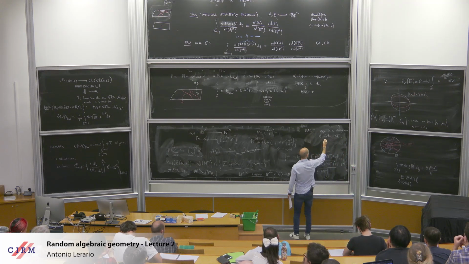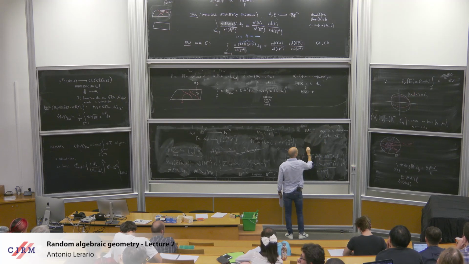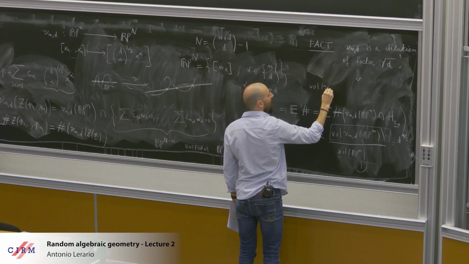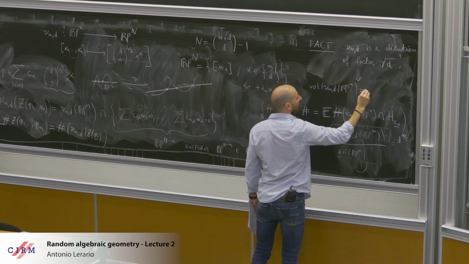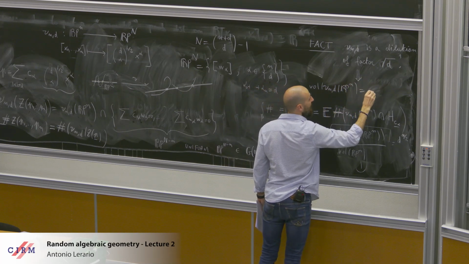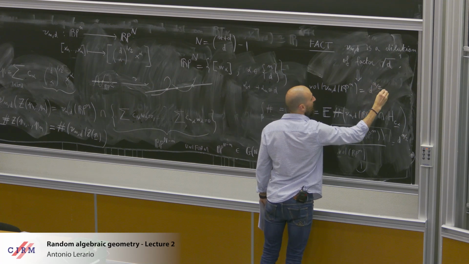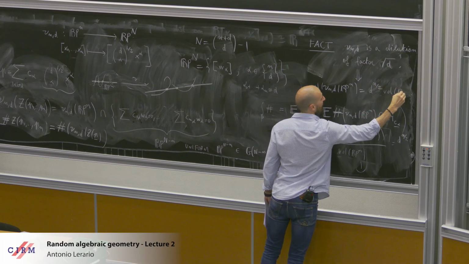So out of this, we derived that the volume of the image of the real Veronese is d to the n over 2 times the volume of RPn.